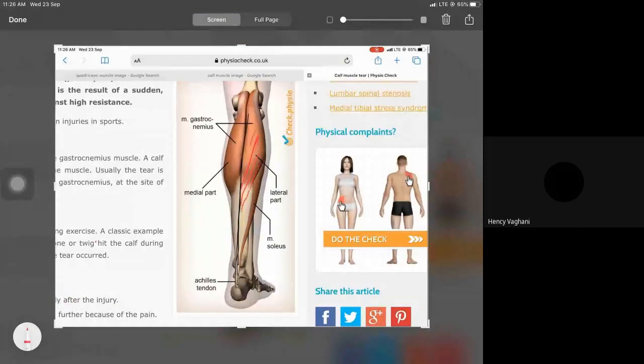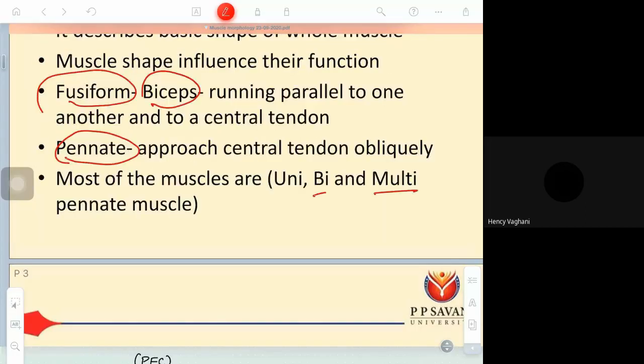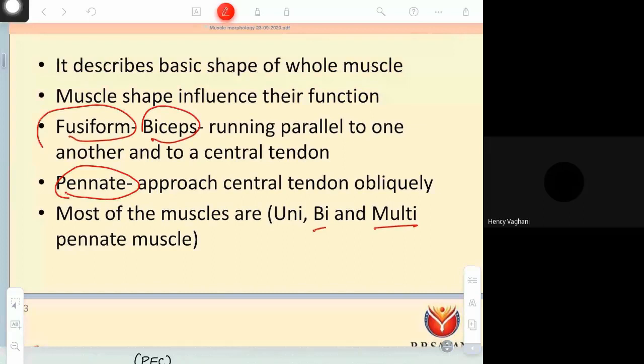It makes an angle, this angle. So this is an example for pennate muscle. Clear? So basically, there are two types, fusiform and pennate.